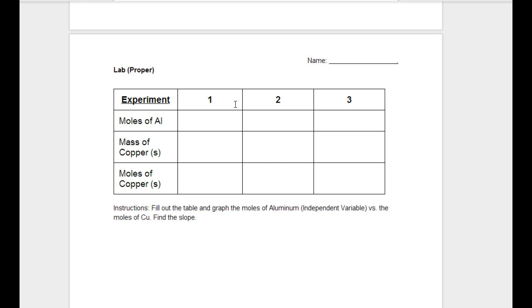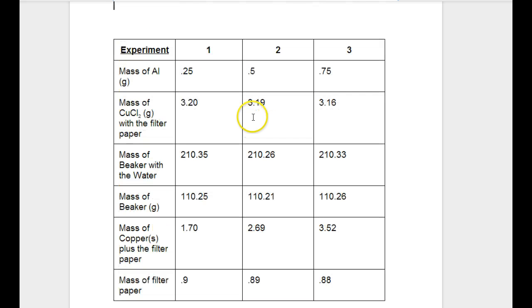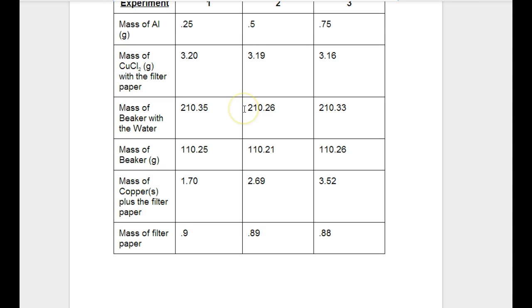For the moles of aluminum, we're going to have to figure out what the moles of aluminum are for experiments 1, 2, and 3. So going back to the data for experiments 1, 2, and 3, we have the mass of aluminum. Here we're going to convert the mass of aluminum to the moles of aluminum. In order to do that, we need to use the molar mass.